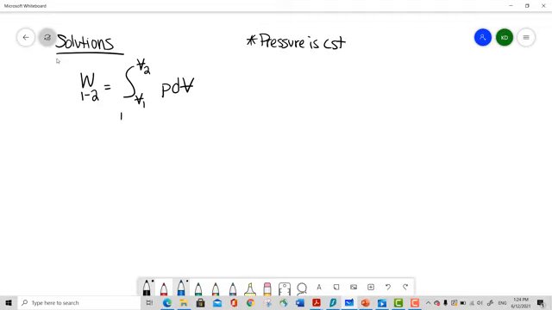So what can we drop this down to? W 1-2 equals, we can pull P out of the integral because it's constant. So it's going to help us solve this: P times the integral of dV, which then equals P times (V2 minus V1) when you solve this.